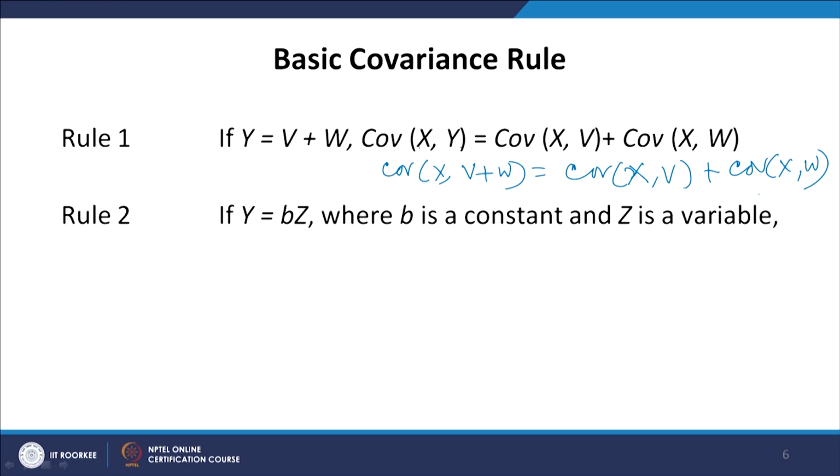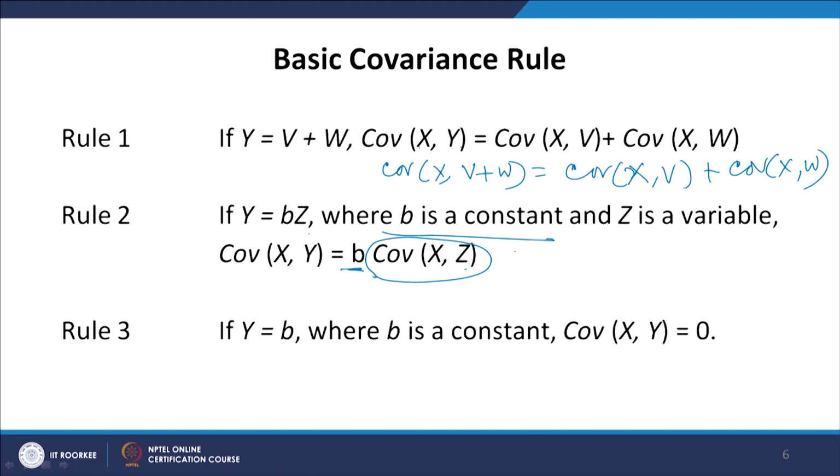Rule 2, if y is equal to b z, where b is a constant and z is a variable, then covariance between x and y is b covariance x z. So, b is constant, it can always be taken outside this covariance expression or operation, and that is how it comes out. What remains are the two variables.